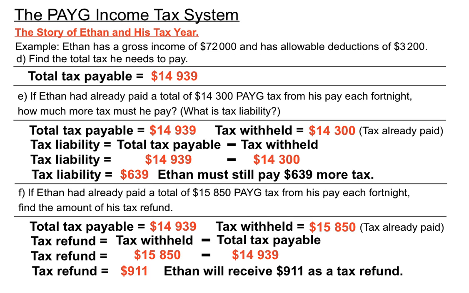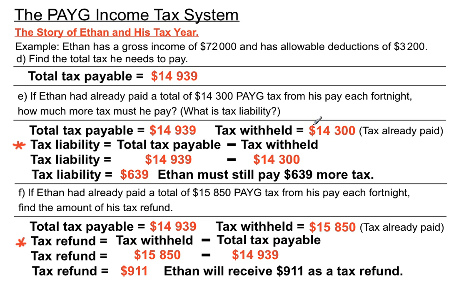Anyway, Ethan will receive $911 as a tax refund. Now, I suppose you could say to yourself, well, how do you know which order you've got? You've got this little rule here with liability being tax payable minus tax withheld, and you can see that I've done a bit of a swap there with tax withheld minus tax payable. Well, I guess you could say as an overall guideline here that the bigger number comes first in the subtraction, so take the big number and subtract the small number from it.